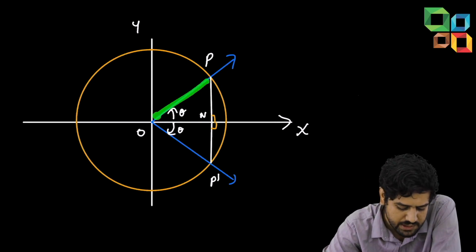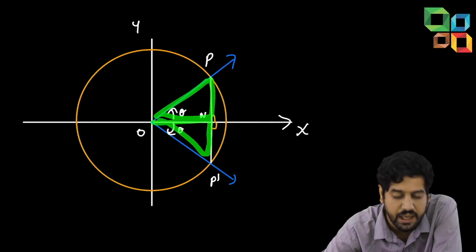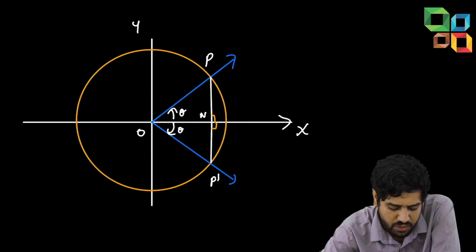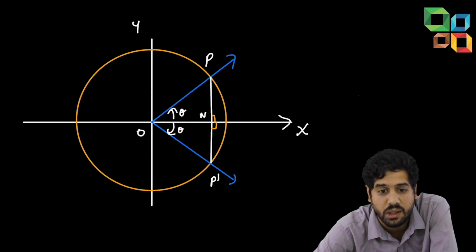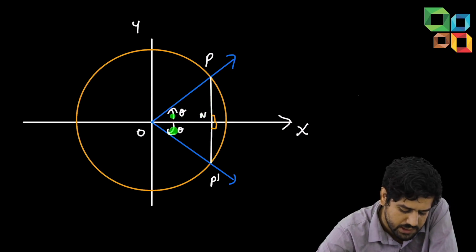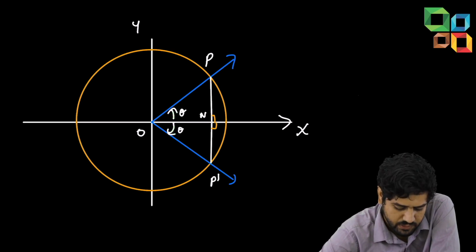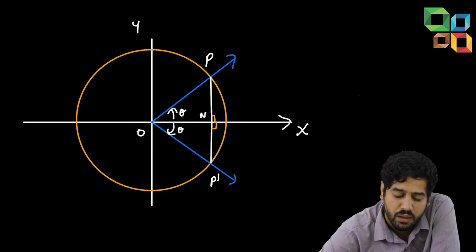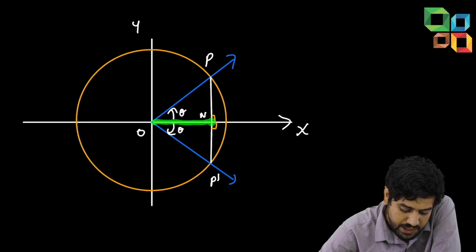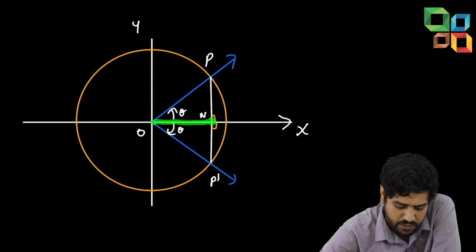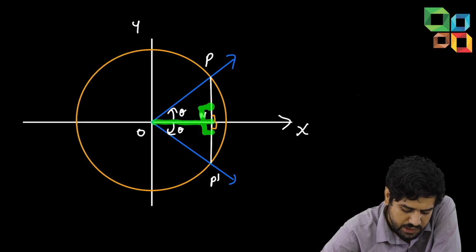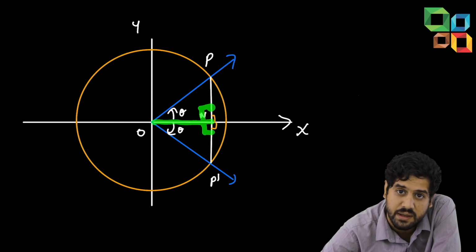This triangle is congruent to this triangle. Why? One of the angles is the same. Further, this side is common. And what about the third angle? This angle is 90 degrees, isn't it?